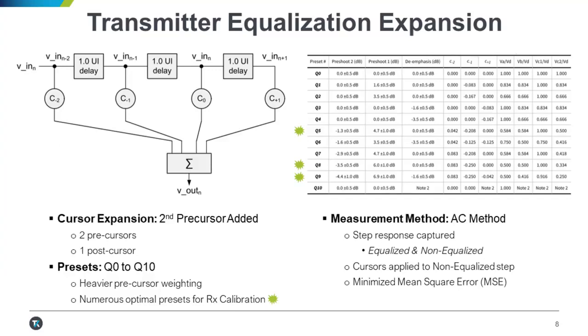You're seeing less post-cursor than you had with the previous presets, larger coefficient values for the first precursor and some given to the second precursor as well. And that's based on extensive full channel simulation work that's been done. So those are expected to be much more appropriate for the range of channels that we'd see for Gen 6.